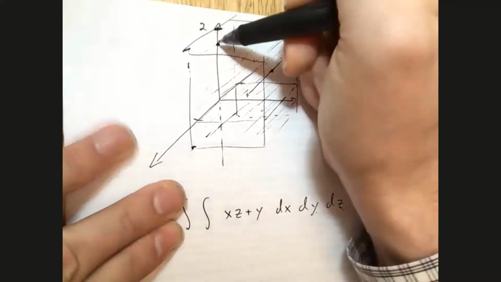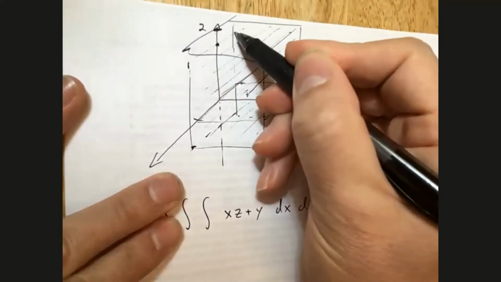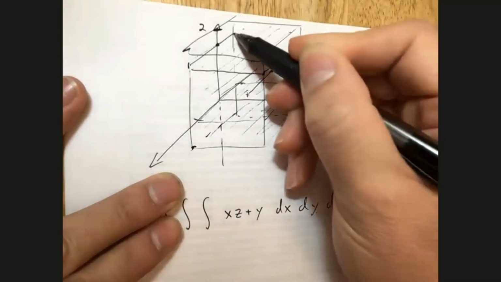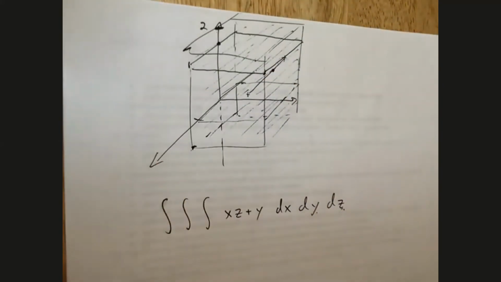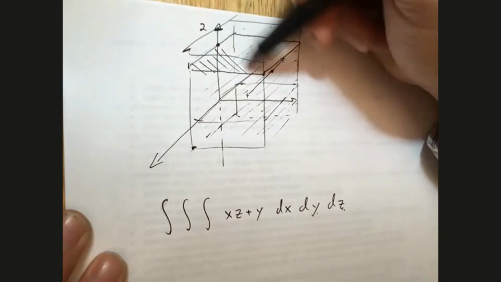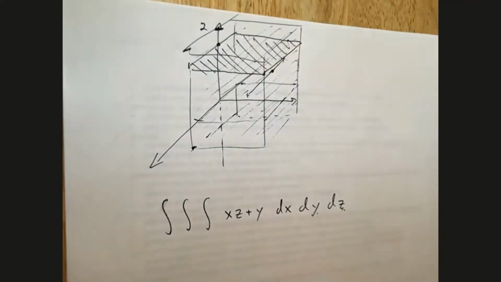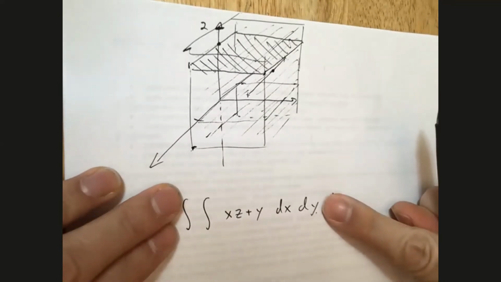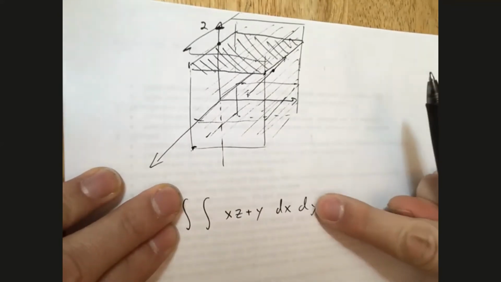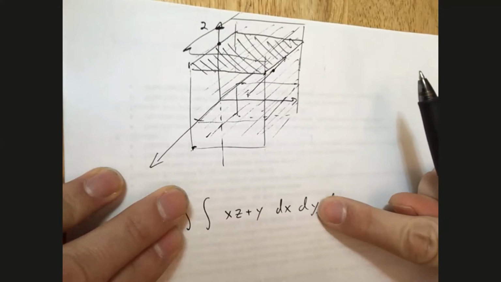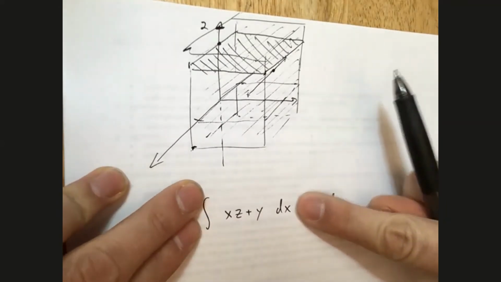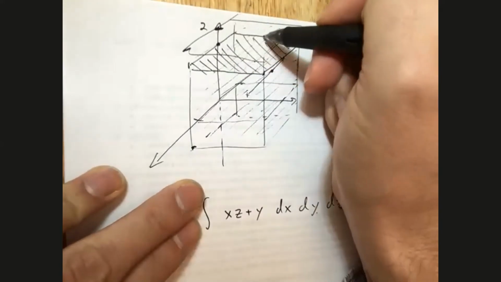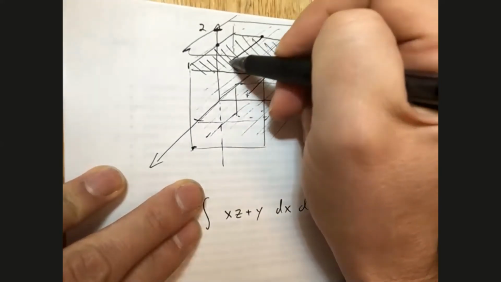So for each fixed z, I'm actually finding the area I'm integrating over this area within my box. This plane that intersects the z-axis at that number. And when I do that area, what I'm doing is that for each fixed y, I'm integrating with respect to x. So for every y in that area, if I fix a y value in here, I'm going to integrate in the x direction.